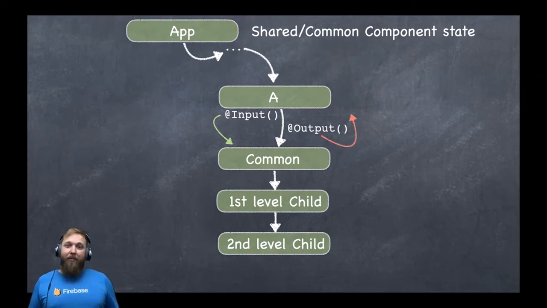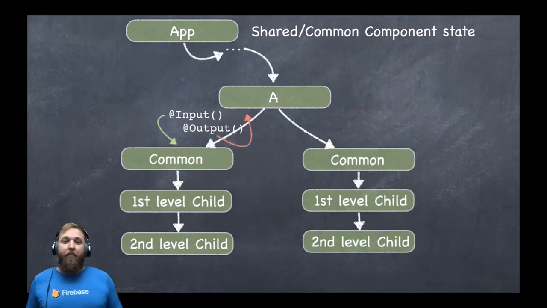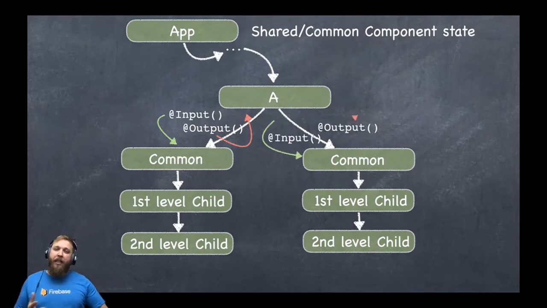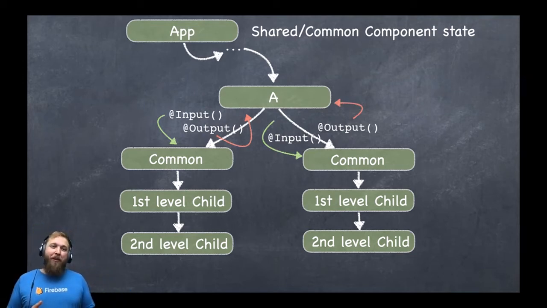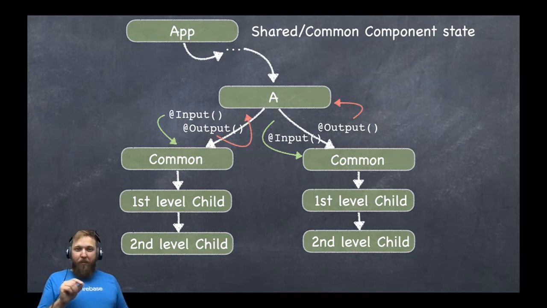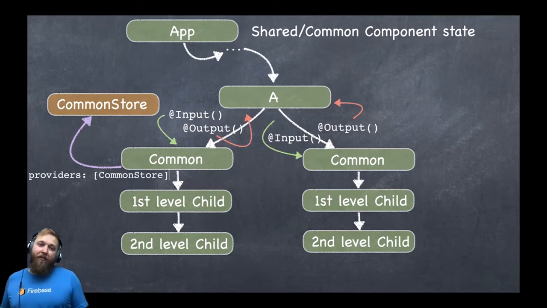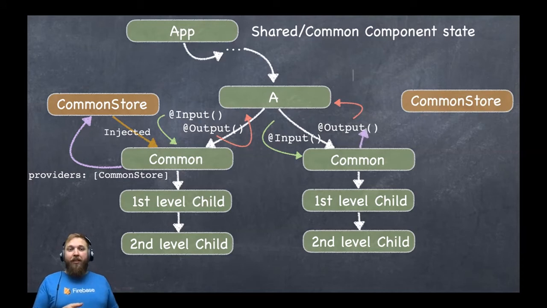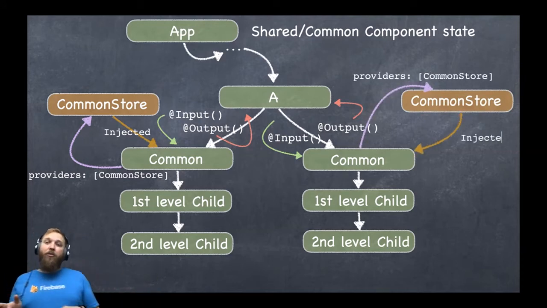So for example, here we have another common component, which also talks to the A with inputs and outputs. So how can we keep that state manageable and reactive? Well, again, the solution was the component store, because when we use those component providers, it will be created for each instance of that component. For example, when we have common component 1, it'll have its store, and then component 2 will have its own store as well, and we don't have to do anything.